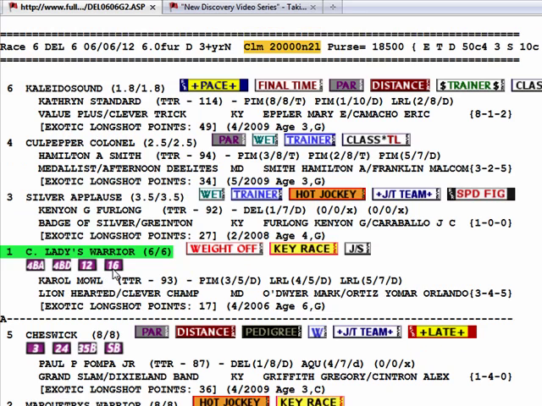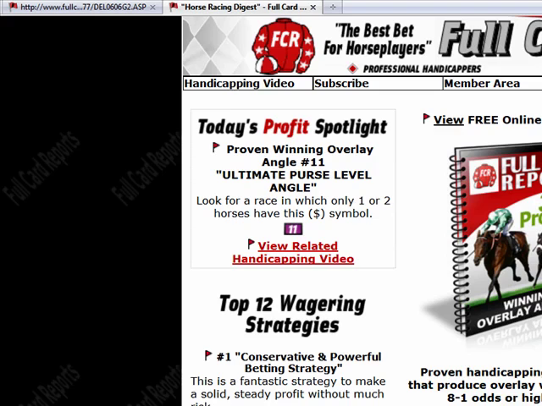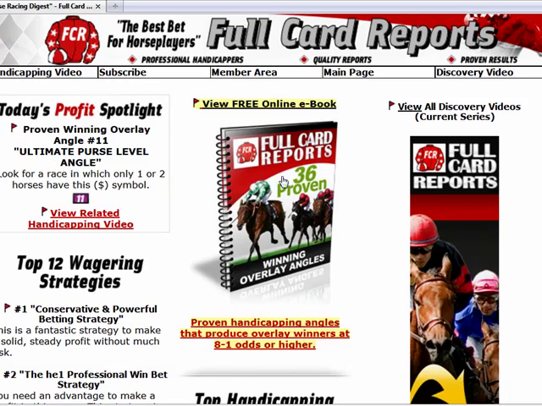What that icon indicates is the horse is getting a minimum 5 pounds or more weight off from what it carried in its most recent start. For me, when there's only one horse in the race that qualifies for that, that's proven winning overlay angle 16 from my first book, the free book here on the free page.